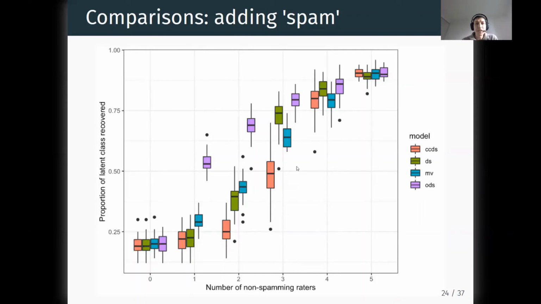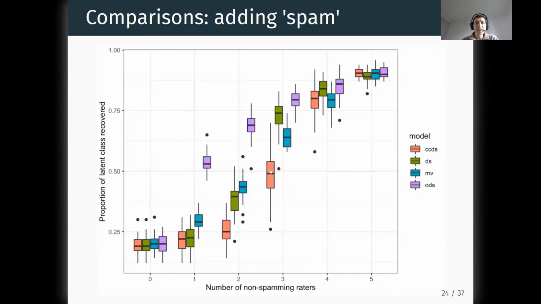And once we have 3 out of 5 informative raters, this is the point at which the majority of the raters are giving actually informative ratings. We can see now we're doing much better. And in this case, the Dawid-Skene model has indeed managed to perform better than the others because it is able to infer the systematic errors that the spammers are giving and discount them accordingly in a way that the class-conditional model cannot.